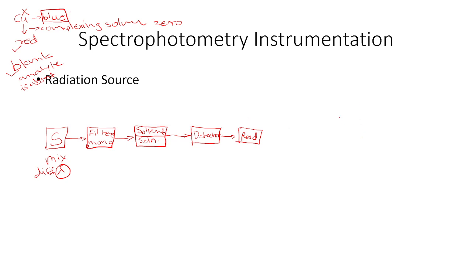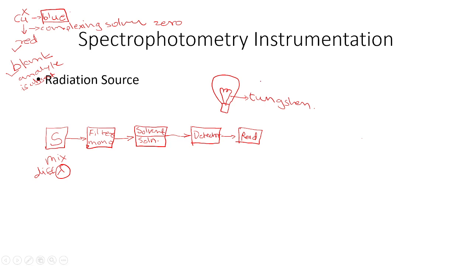This kind of bulb you must have seen somewhere. This glass bulb is there, and at the bottom there is this kind of base. Here there is a filament, you can see, and this is a tungsten filament. When current is passed through this tungsten filament, it gives out radiation in the visible range.